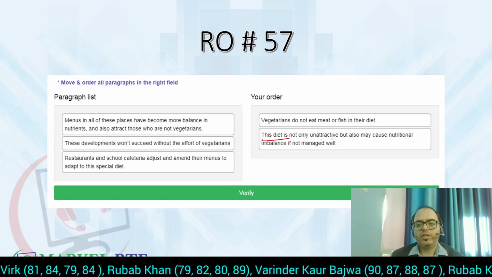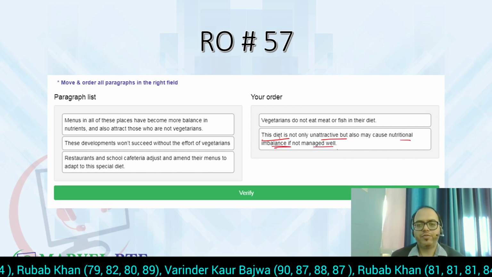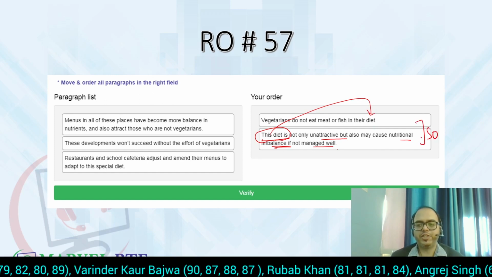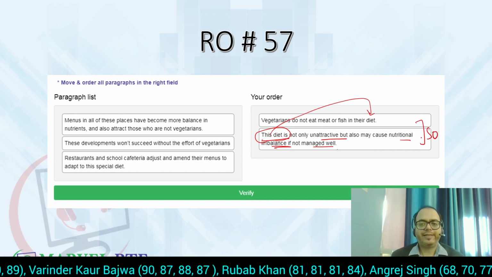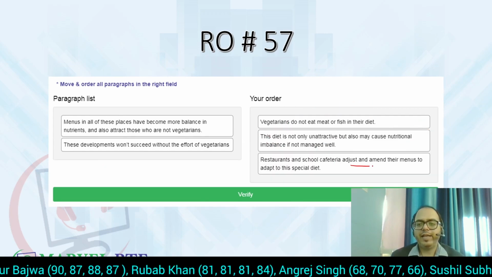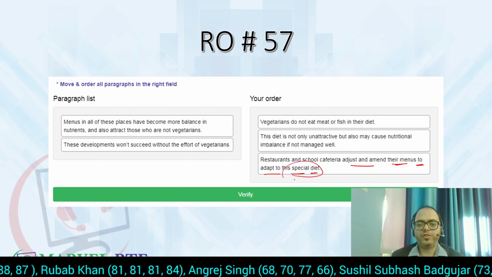This diet is not only unattractive but also cause nutritional imbalance if not managed well, because you are talking about this same diet. So this is our SO strategy. Moving on to the next line, as we discussed, restaurants and cafeteria adjust and amend their menus to adapt to this special diet. Which diet?